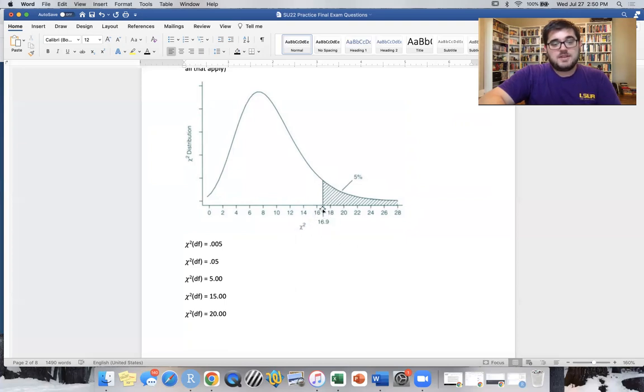So I gave you that piece of information, 16.9 or higher. That represents the top 5% of the distribution. So a chi-square of 0.005 would be very close to the bottom.